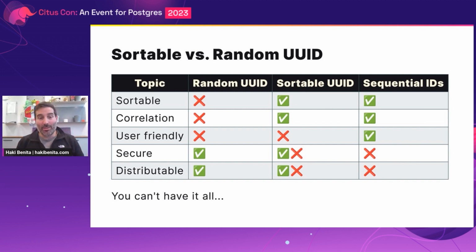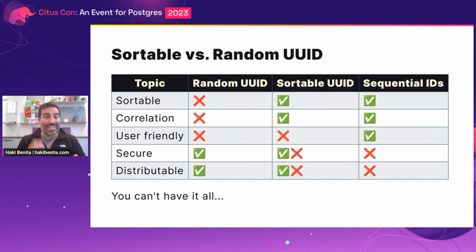We mentioned that random UUIDs are not very user-friendly, but also the sortable UUIDs, because they look like random chunks of text. The sequential ID, on the other hand, is very user-friendly. You can just call and say, I placed order number 1167.